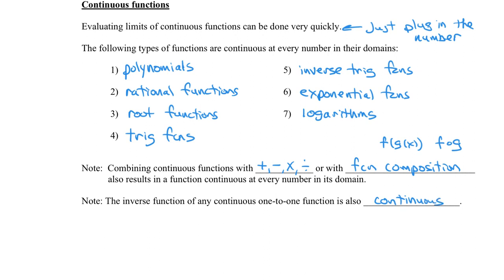One-to-one function, remember, this just means it passes the horizontal line test. So if you want a function to have its inverse, first it has to pass the horizontal line test. So the inverse function of any continuous one-to-one function is also continuous.